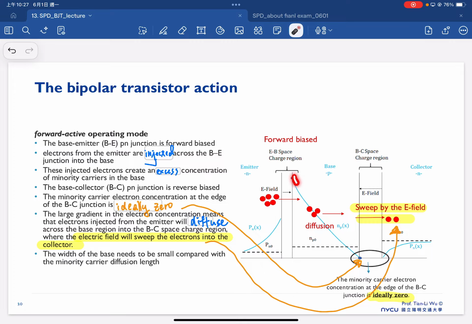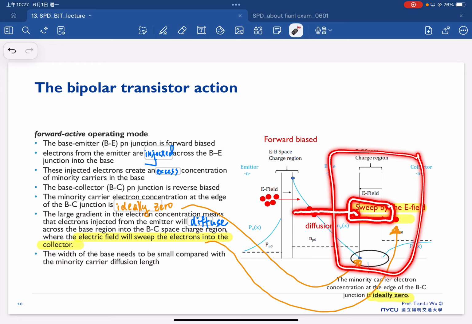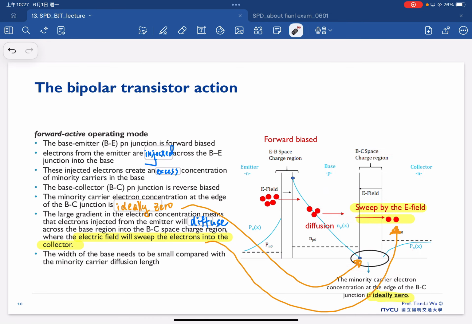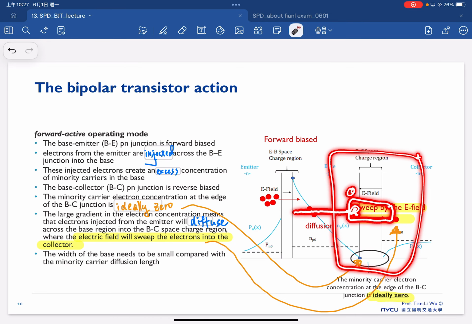And therefore, we create a large concentration gradient that causes a diffusion mechanism. So the electrons start to diffuse through the base and in the end reach the BC space charge region. This junction is under reverse bias, and therefore the electrons here will be swept by the electric field in the end to reach the collector side and become a current here.